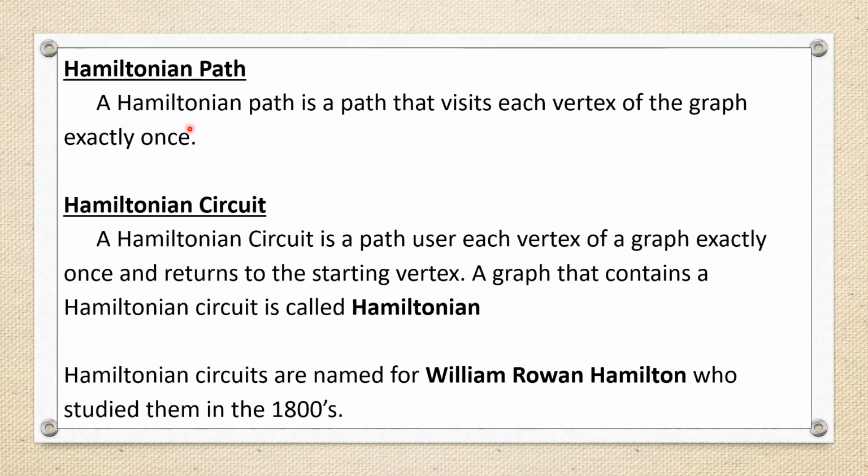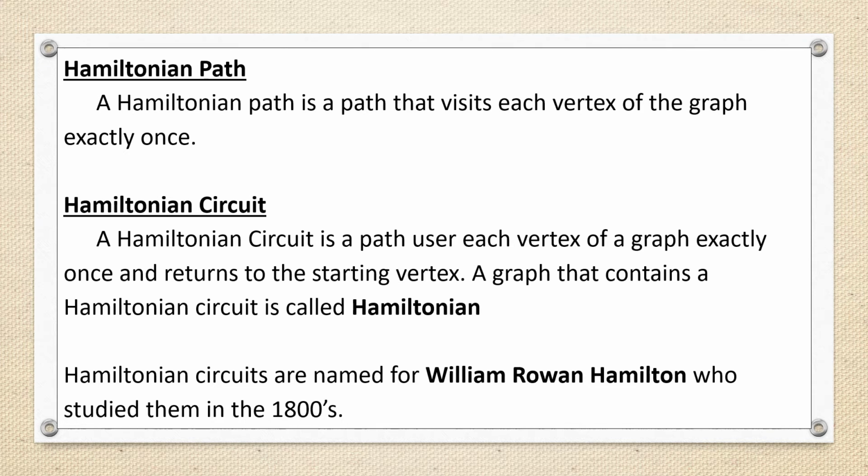So, a Hamiltonian path is a path that visits each vertex of the graph exactly once. So, this time, sa Hamiltonian path, yung vertex naman ang importante. Kailangan daw gamitin natin lahat ng vertices sa graph.